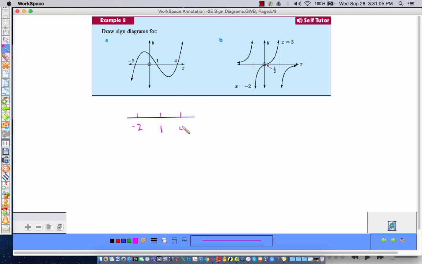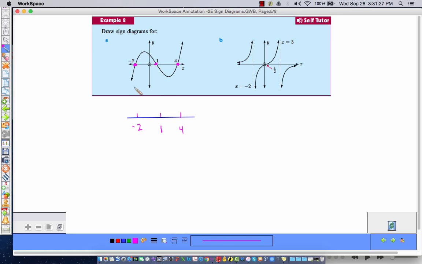And on this sign diagram, I'm just going to indicate whether the values of the function are positive or negative in these intervals. Because think about it. In order for a function to change from positive to negative or from negative to positive, it has to first equal 0. 0 is the gatekeeper.